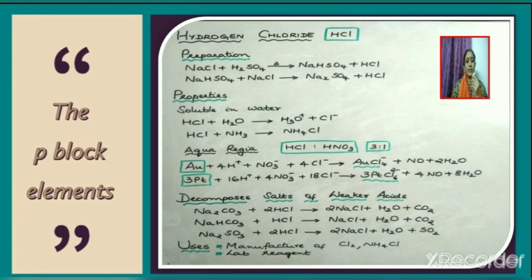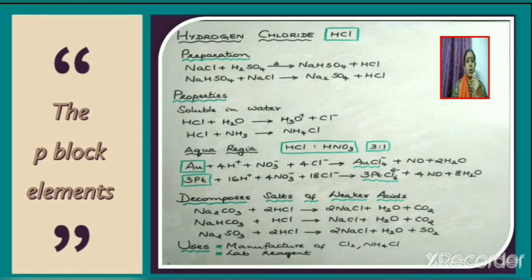Now how can we write the reaction equations? Au plus 4H+ plus NO3- plus 4Cl- gives AuCl4- plus NO plus 2 water. Similarly, platinum reacts with aqua regia: 3Pt plus 16H+ plus 4NO3- plus 18Cl- gives 3PtCl6 2- plus 4NO plus 8 water.